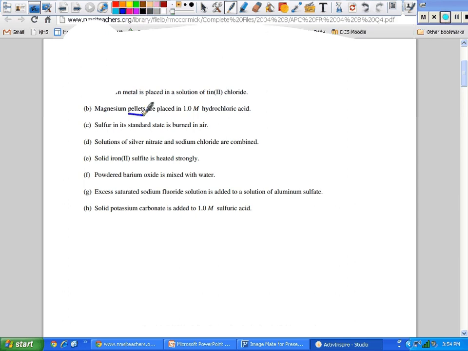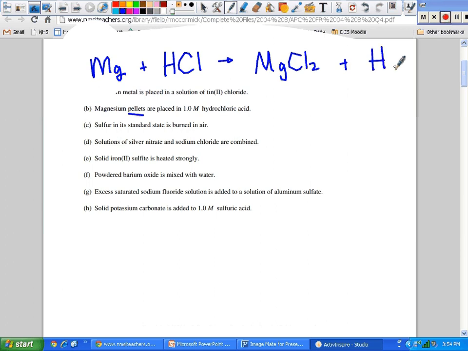So it's going to be HCl. What type of reaction is this? Single replacement. So now we're going to have MgCl2 plus what? Just H? H2. Why is it H2? Diatomic. Very good.